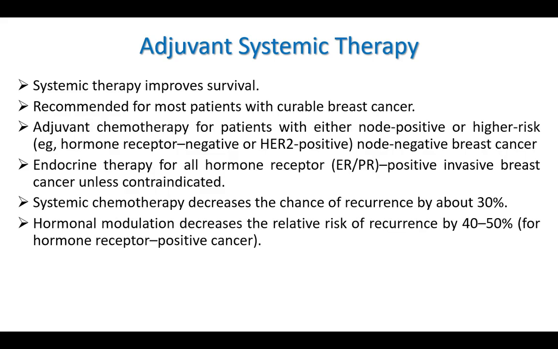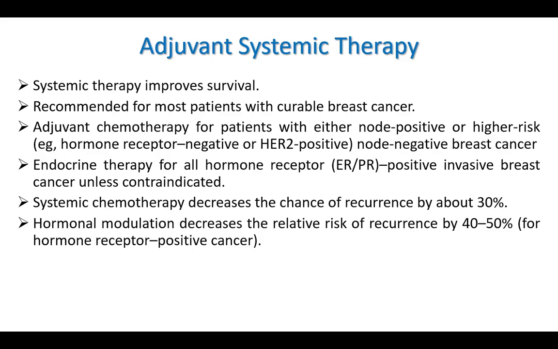These numbers are showing that if you put them on adjuvant systemic therapy, depending on their stage, it can be chemotherapy. For example, if you get a scenario where they are ER/PR positive, or estrogen receptor positive, you can put them on endocrine therapies, hormone therapy, which can include tamoxifen, aromatase inhibitors, and some others as well, which will benefit them.